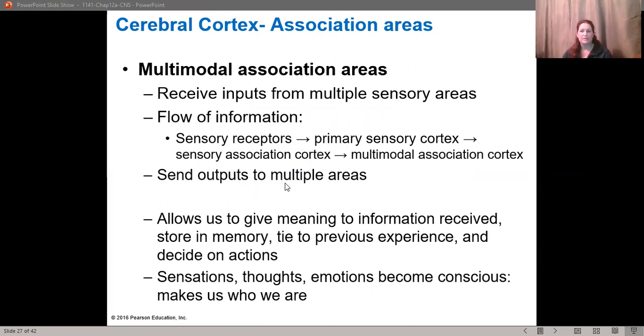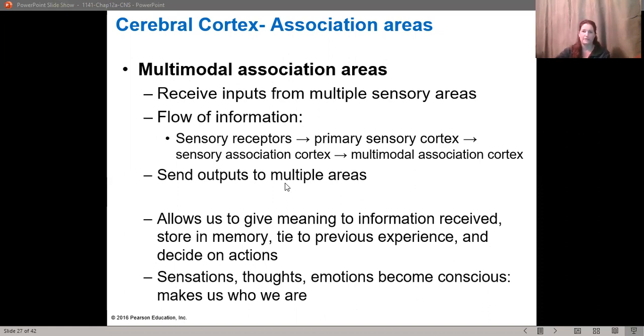So some information is too complex to be assigned to a single area. So we call those multimodal association areas. These usually involve multiple lobes and multiple areas.